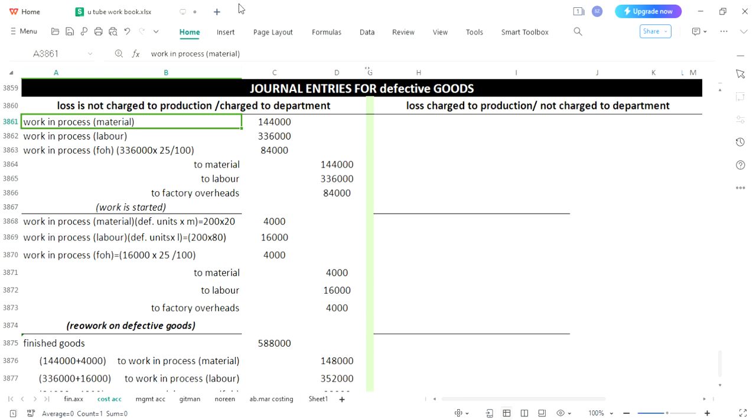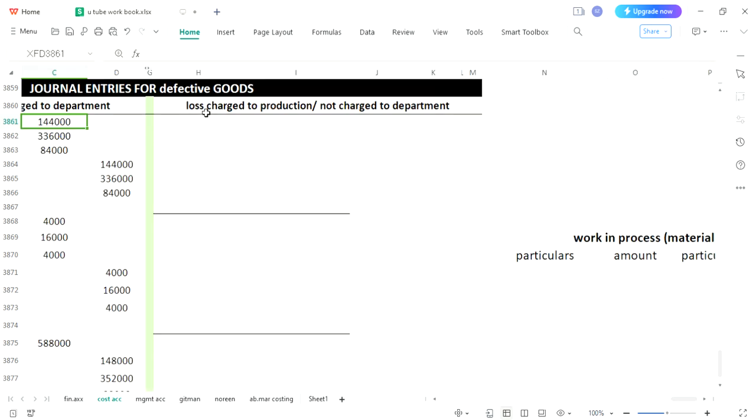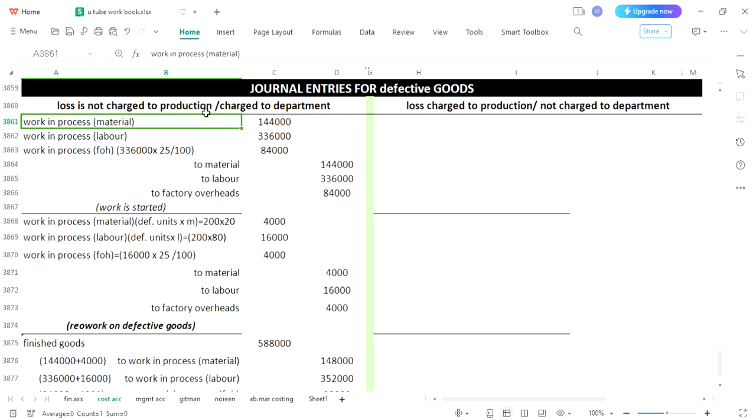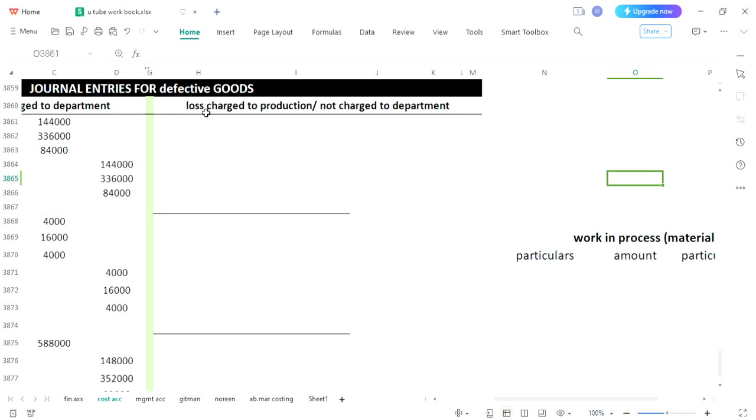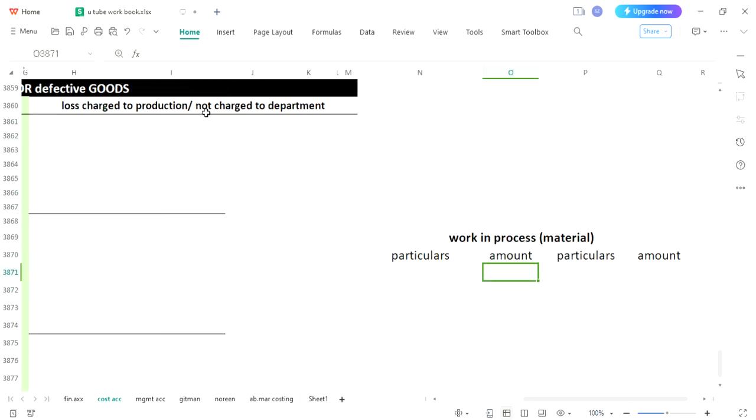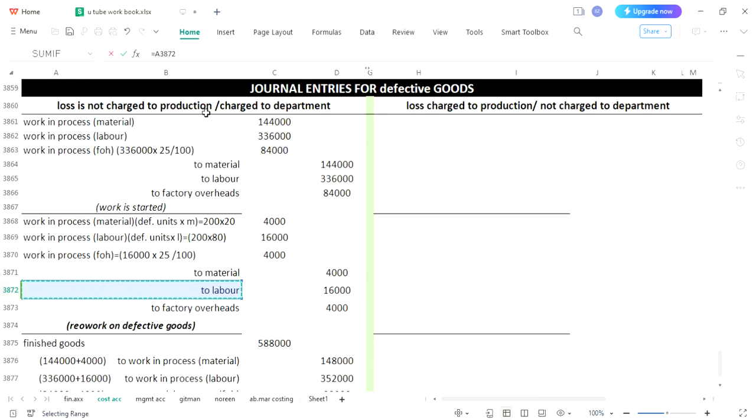So the first amount, work in process material, is written on the debit side, 144,000. So come over here and write down on the debit side the amount, 144,000. Okay, now go again and see where else work in process material is present.